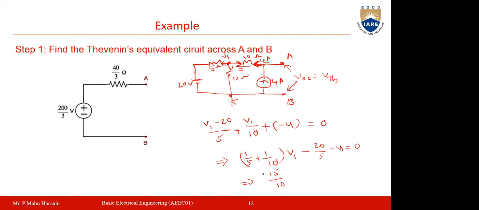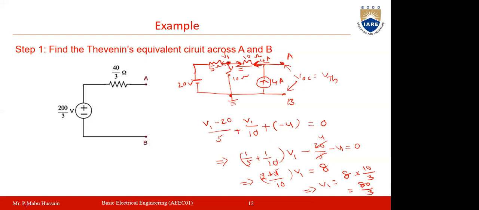You will get 2 plus 1 into V1. So here 5, 4 you will get, so that you will get 8 here. So V1 will be equal to 8 multiplied by 10 by 3. So 80 by 3 is your nodal voltage.